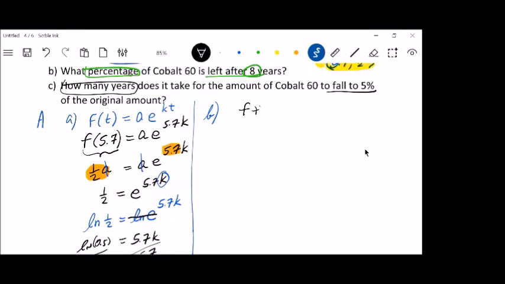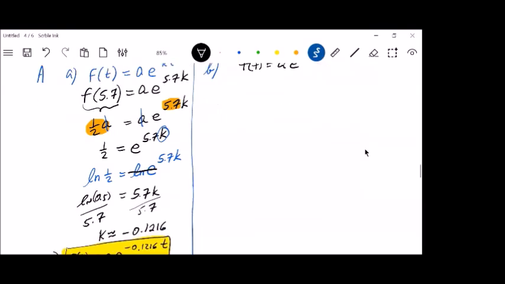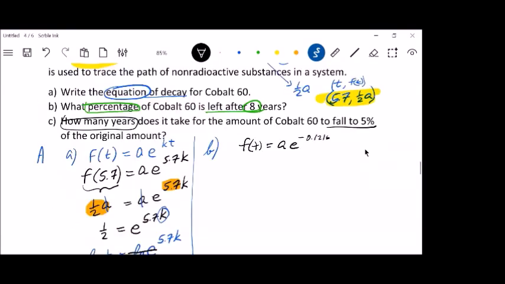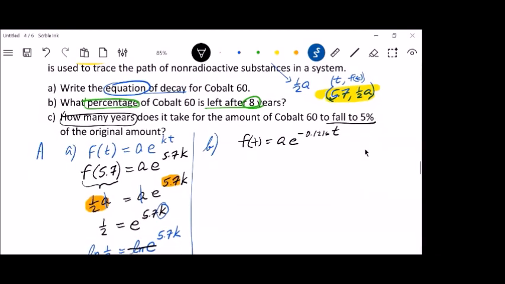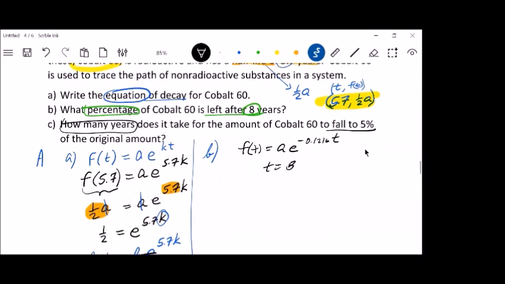And we need the equation. The function of time is equal to A e to the negative 0.1216t. I have that right. And what we want to know is after 8 years. So we're going to say t is equal to 8.